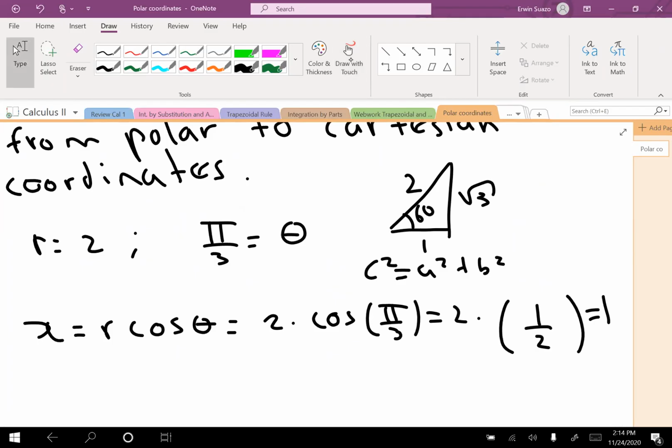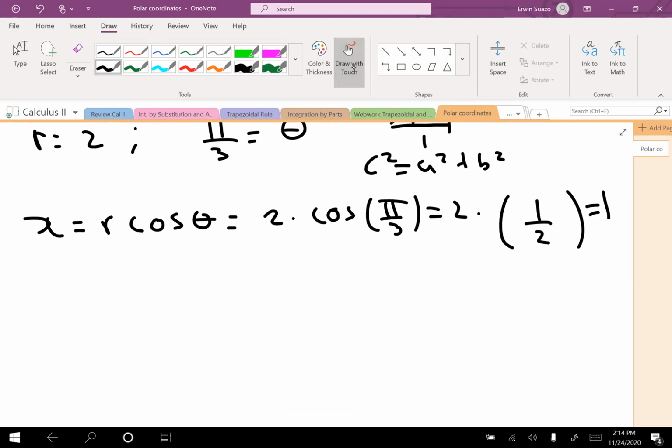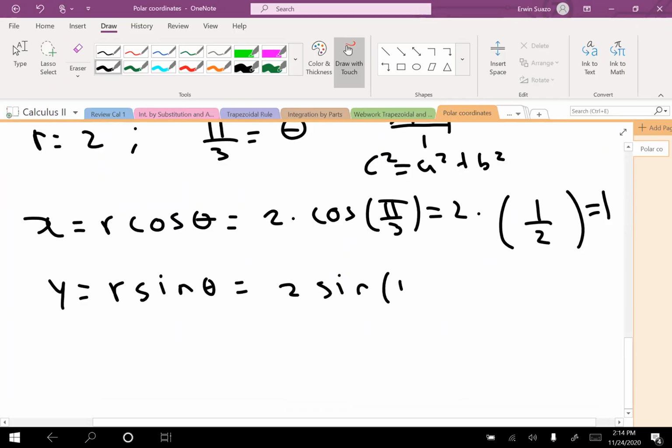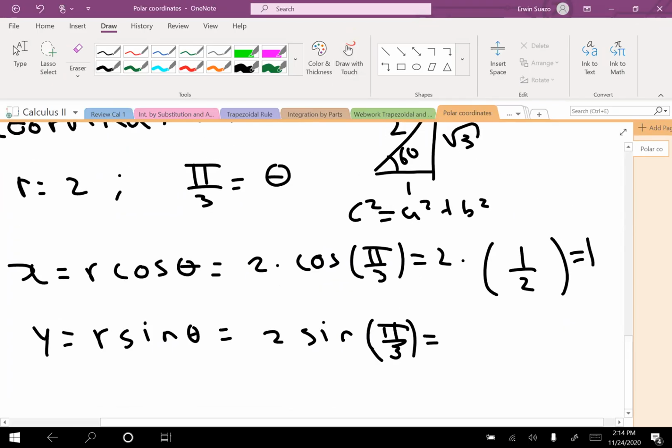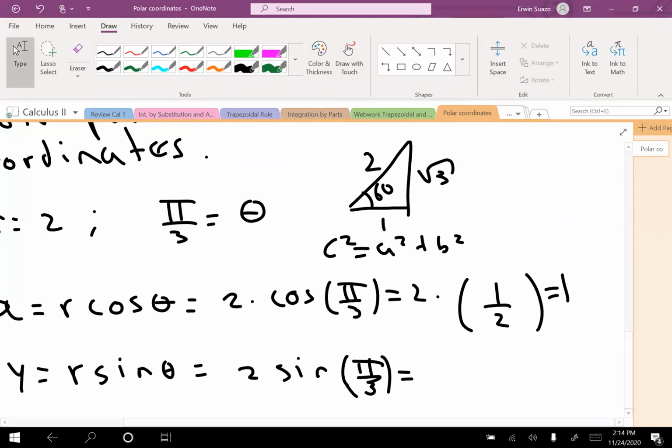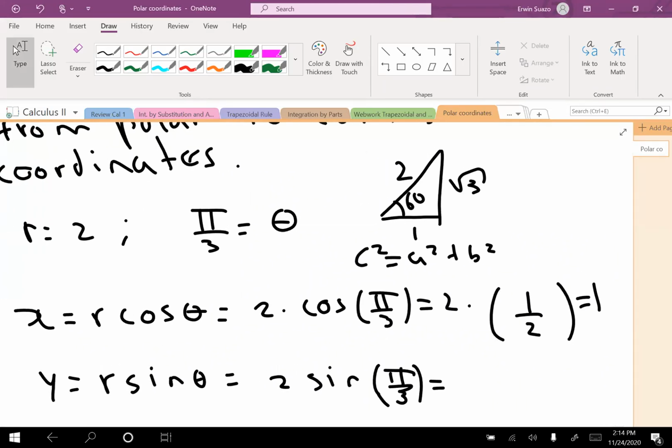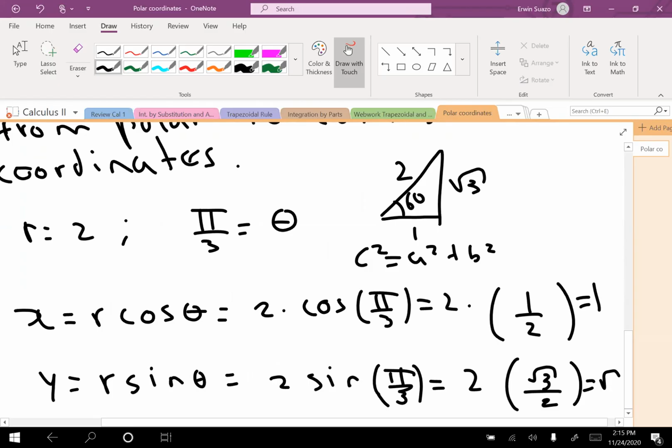Now y is r sine theta. So r is 2, sine of pi thirds. Sine of pi thirds is opposite over hypotenuse, so that will be 2 times square root 3 divided by 2, that equals square root 3.